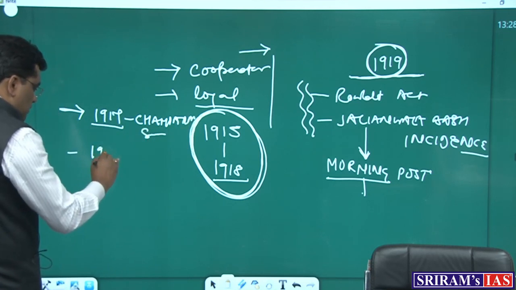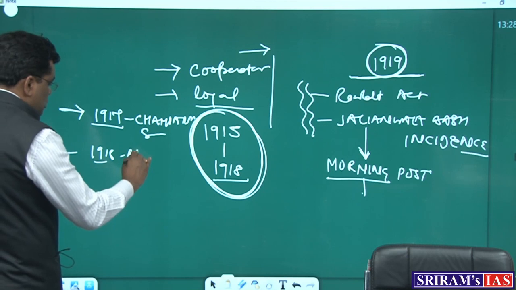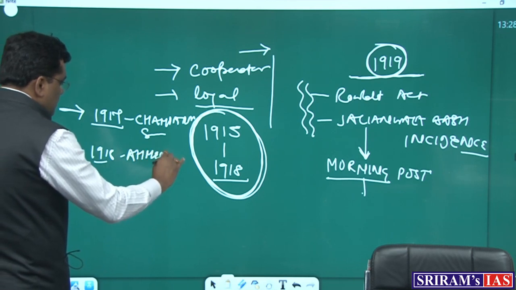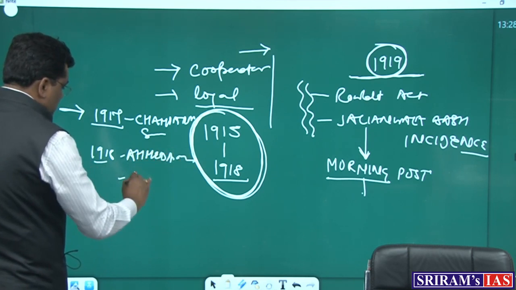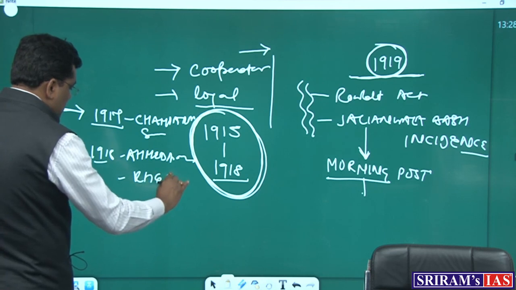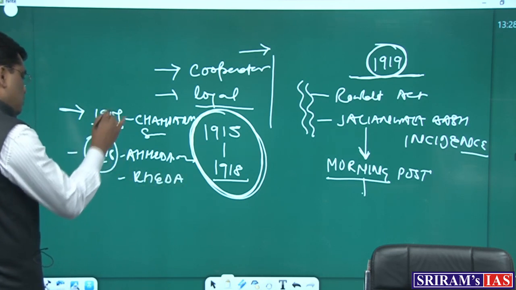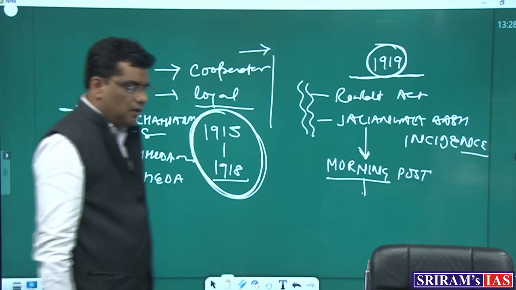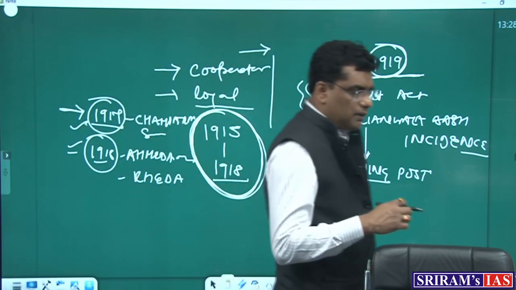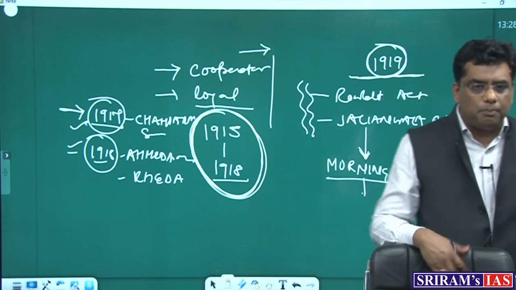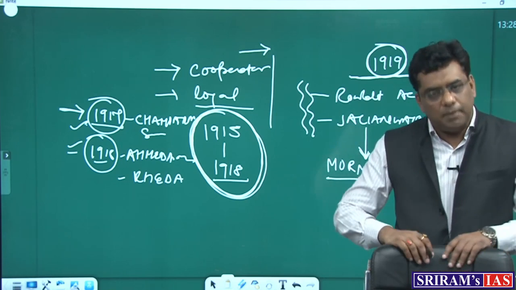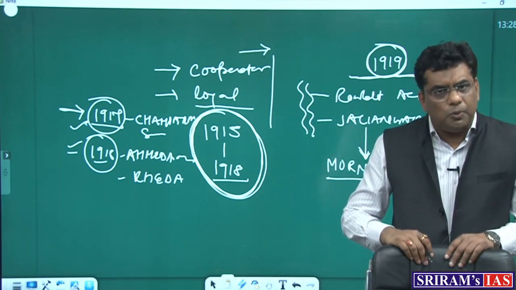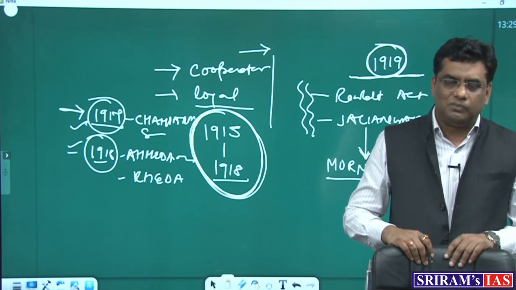Then in 1918, there was the Ahmedabad mill strike and the Kheda peasant movement. So these two years were enough to explain how Gandhi beautifully generated huge support of the peasants and labor, that too within 3 years.